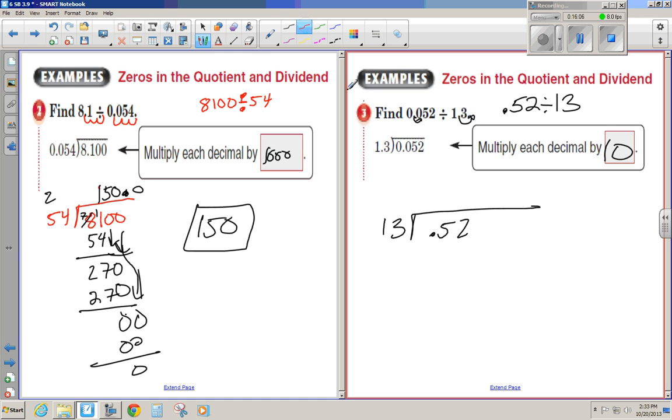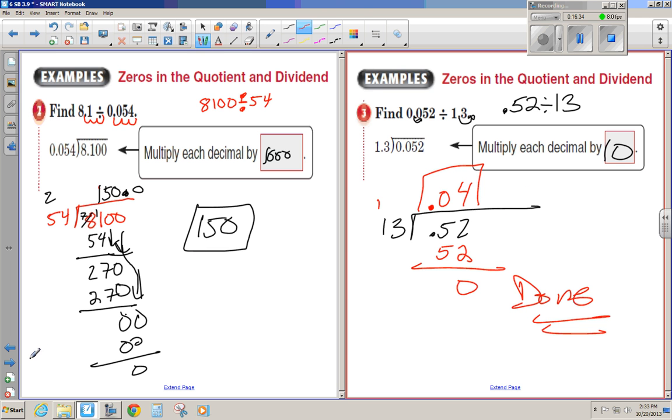So 13 goes into 5, 0 times. Line up the decimals, a 0 goes there. 13 goes into 52. 4 times 3 is 12. 4 times 1 plus 1 is 5, 0. You get that 0, you're done. The answer to this, 0.04.